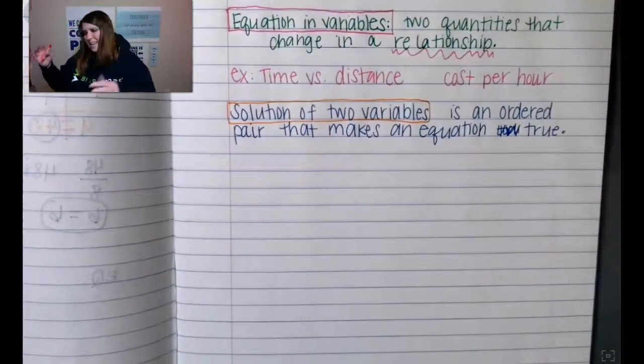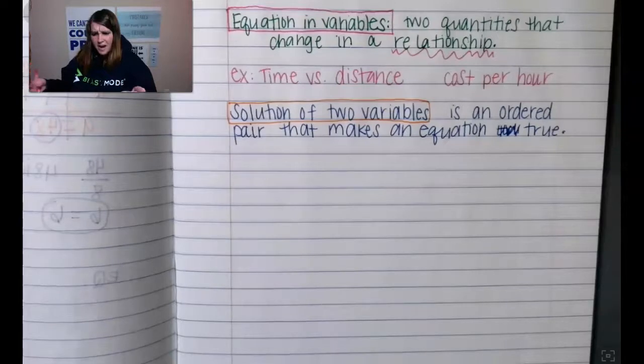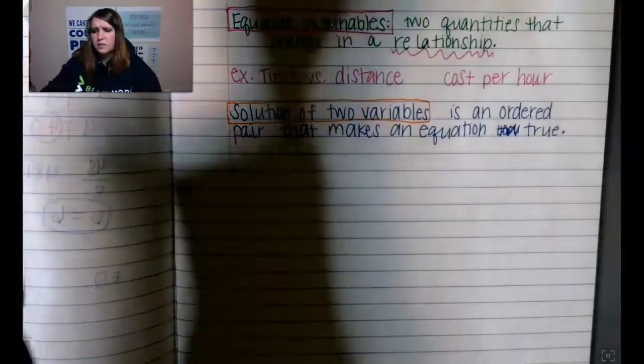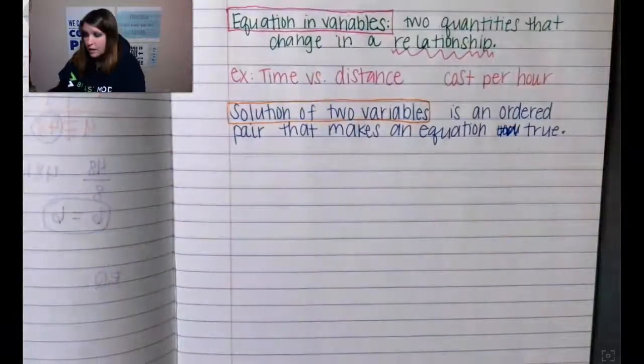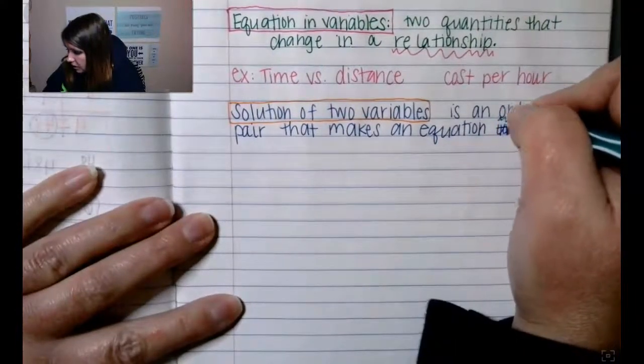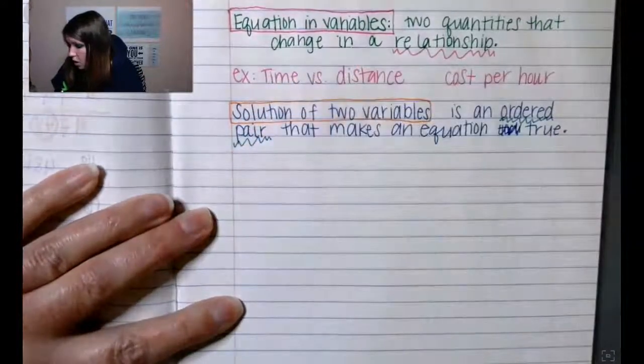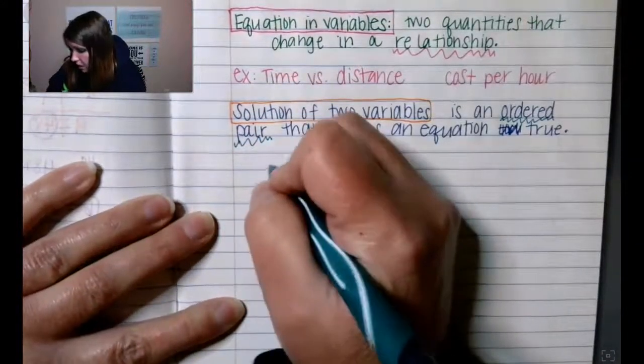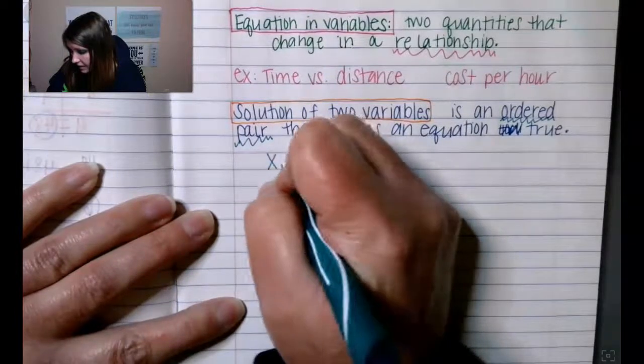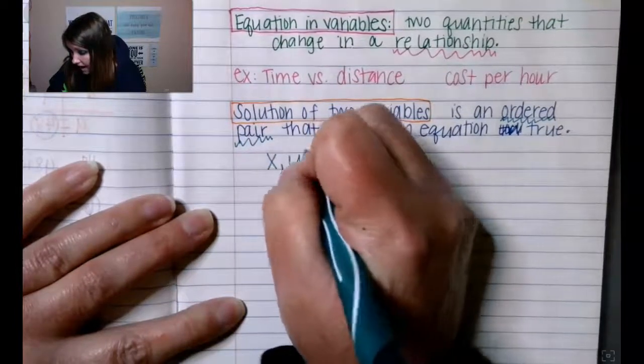So what is an ordered pair? I have no clue what you're talking about, Miss Englander. I don't remember this. I totally forgot. So let's talk about ordered pairs. Okay, ordered pairs are the x and the y.